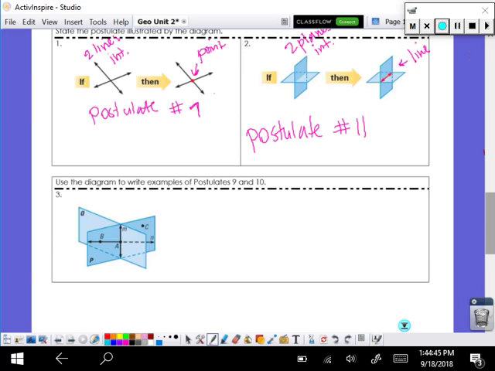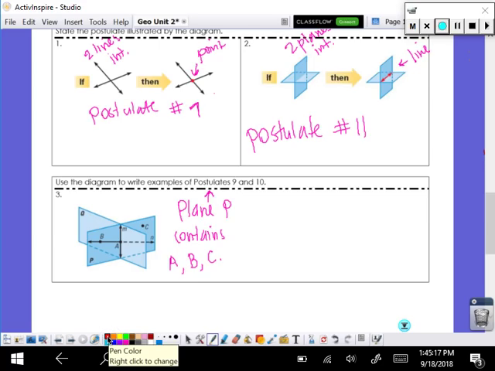So notice there's plane Q and plane P, and there are points A, B, and C. So I need to see which plane points A, B, and C are on. Looking at this, I see that plane P contains A, B, and C. And that is my postulate 9, because A, B, and C are non-collinear.